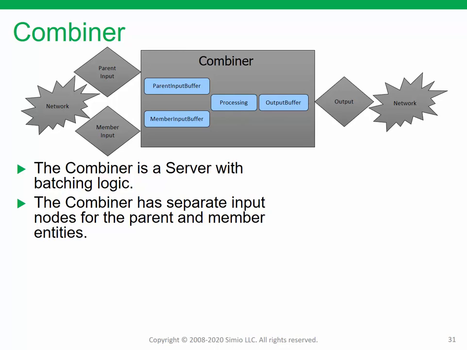And so all of the add-on processes and reliability logic that we discussed with respect to the server are also available with the combiner. To that we add this concept of grouping member entities and then attaching those to the parent entity.